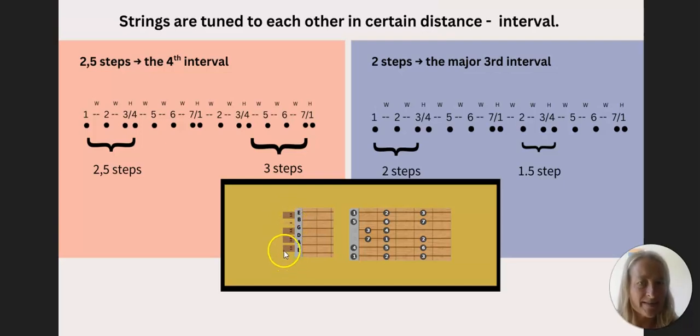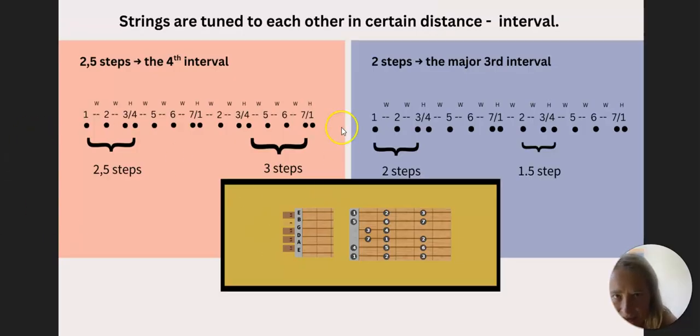So that means that the distance between each of the strings is 2.5 steps, the same, except if you go from G to B string, because that's only 2 steps, the distance is smaller. So that's why when you learn some patterns, the pattern is the same, and then suddenly it's different. That's why, because there is a half step difference in the size, so you need to adjust, right?